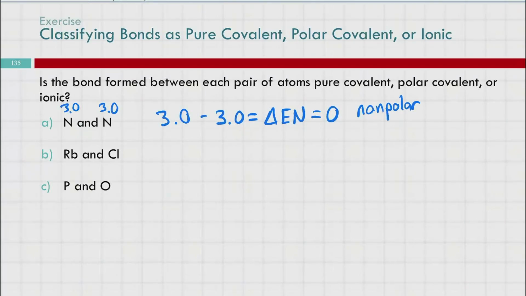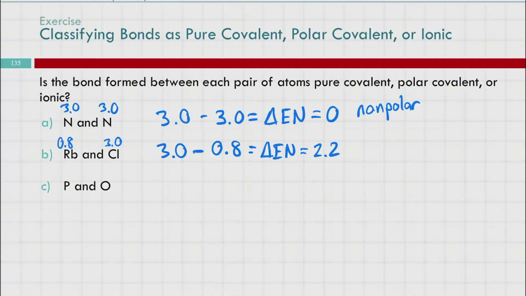You could also just identify it's the same thing. It's going to have the same electronegativity value, so it's going to be nonpolar. Either of those ideas works for me. For Rb and Cl, Rb, rubidium, has a value of 0.8. Chlorine, Cl, has a value of 3.0. So we do 3.0 minus 0.8, and we get a difference in electronegativity of 2.2.